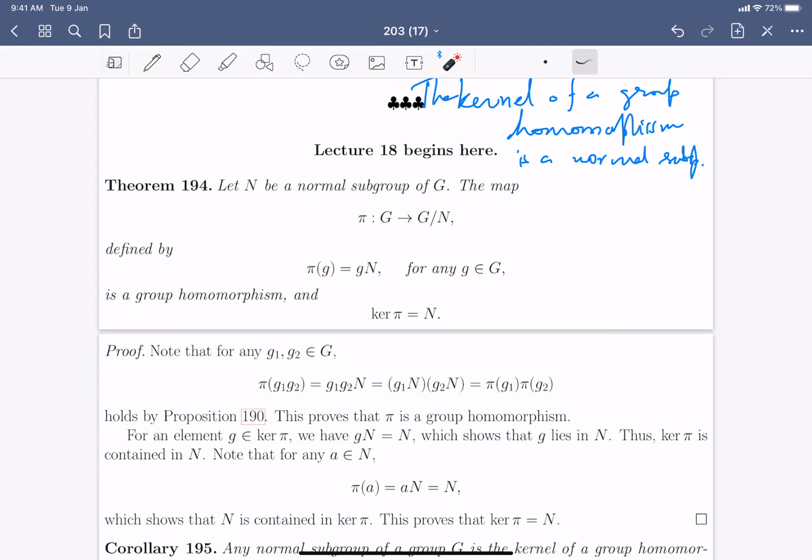If you take an element little g from this group G, then you send this element g to the coset of this normal subgroup N corresponding to the element g. So we send g to gN, or Ng if you want. This is a group homomorphism, that is what we need to show, and we need to show that the kernel of this group homomorphism is exactly equal to N.